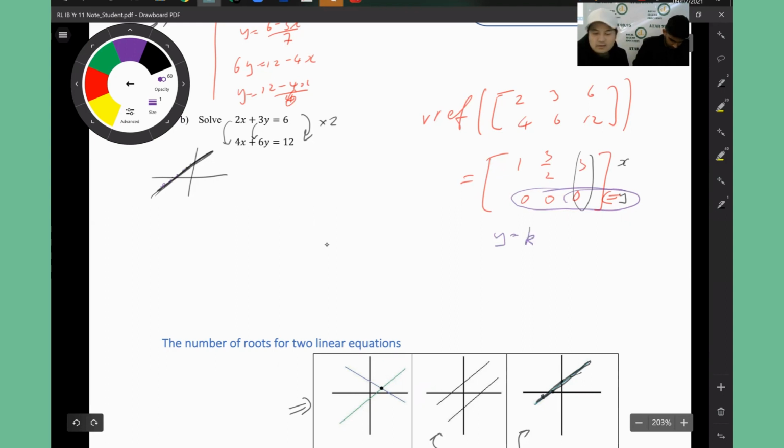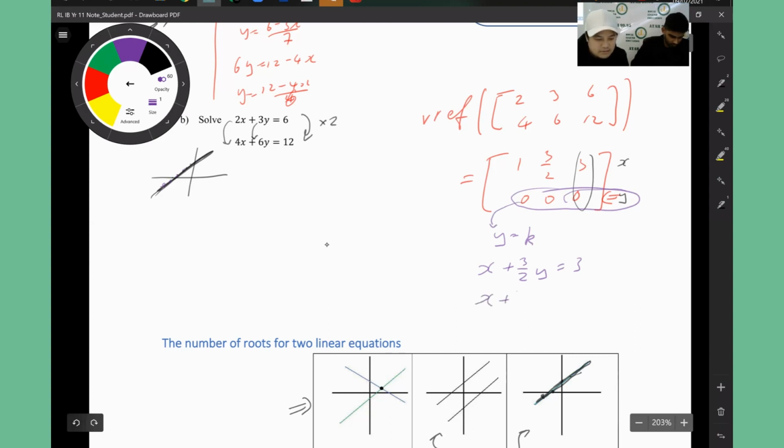So let's say y is K, and x changes accordingly. This is x plus 3 on 2 y equals 3. So y can be anything, and x changes according to y.